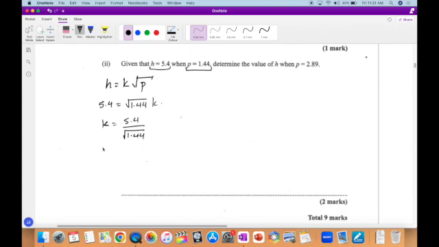So k is going to be equal to 5.4 divided by the square root of 1.44, which is about 4.5.